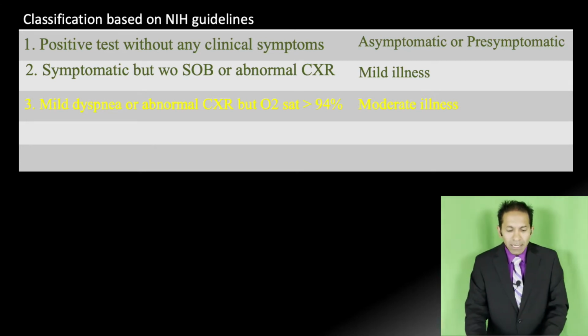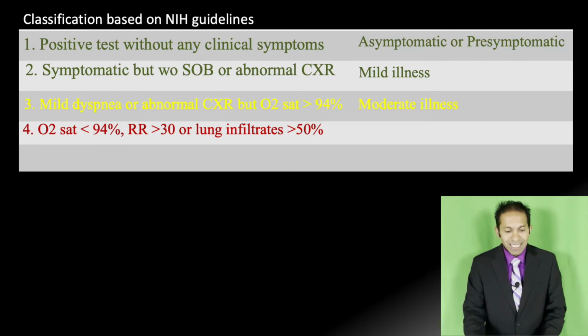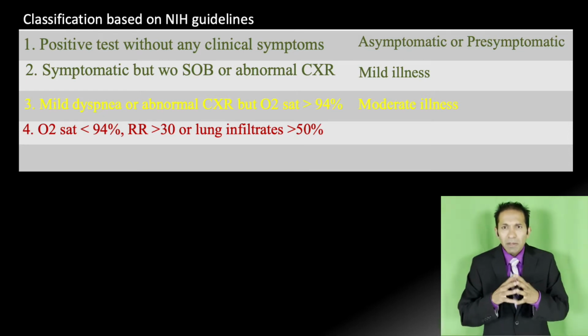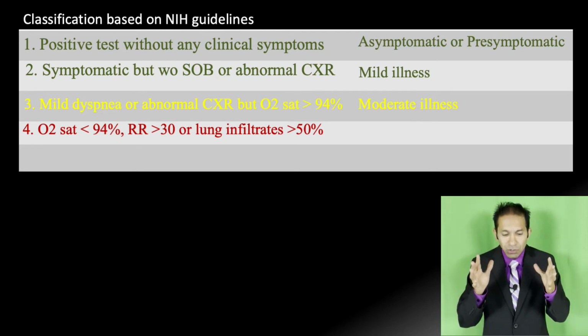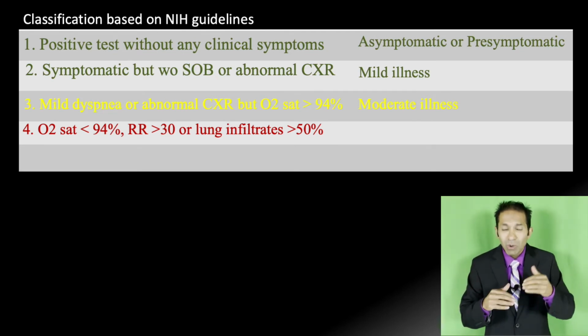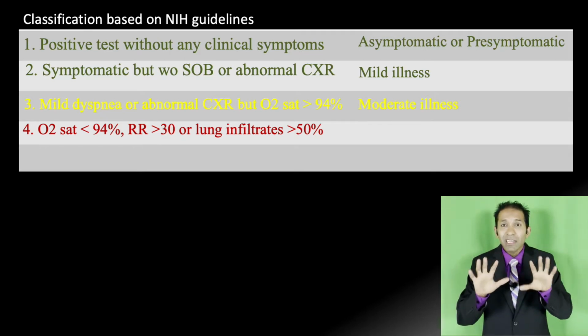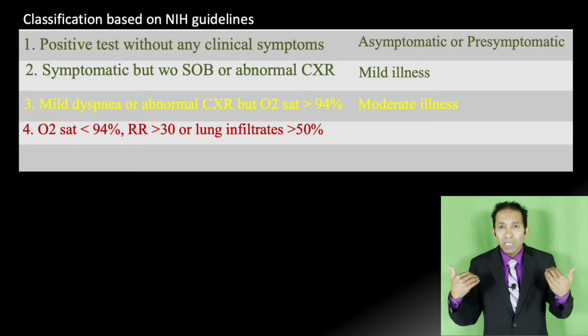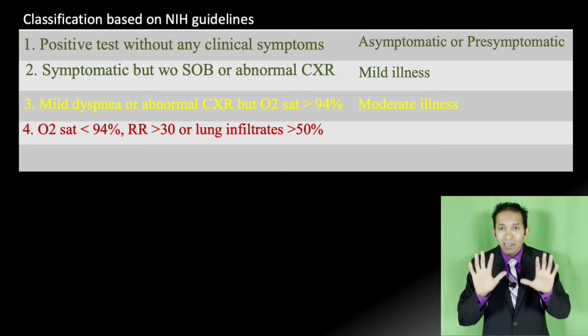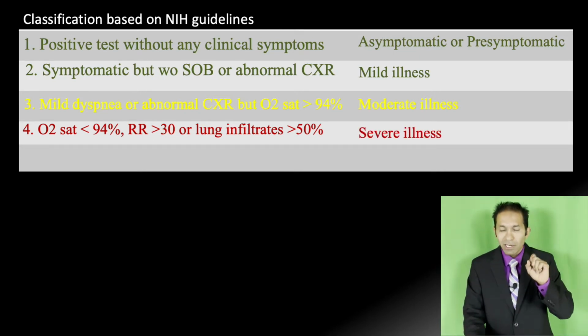Next is classification number 4: patients who are hypoxic, with low oxygen saturation less than 95%, who are tachypneic with respiratory rate more than 30, or have bilateral lung infiltrates more than 50%. These are classified as severe illness.